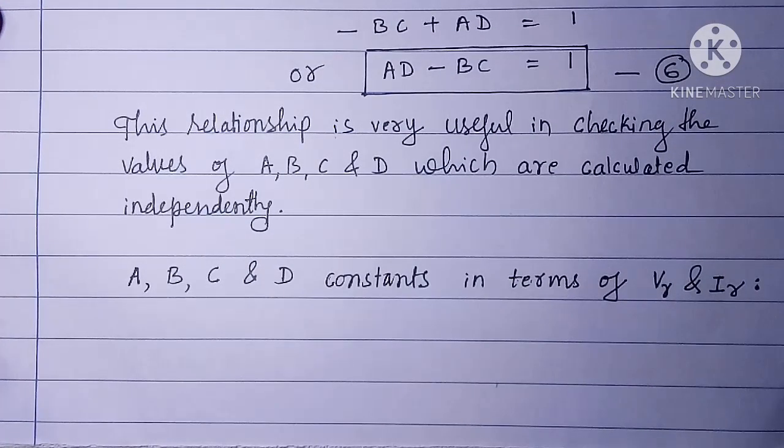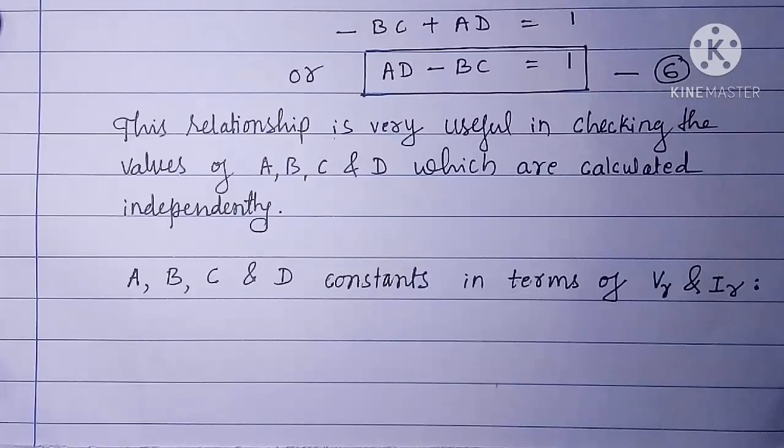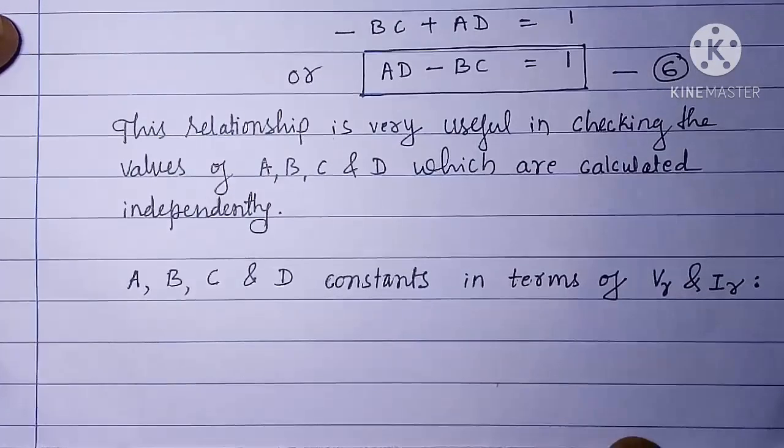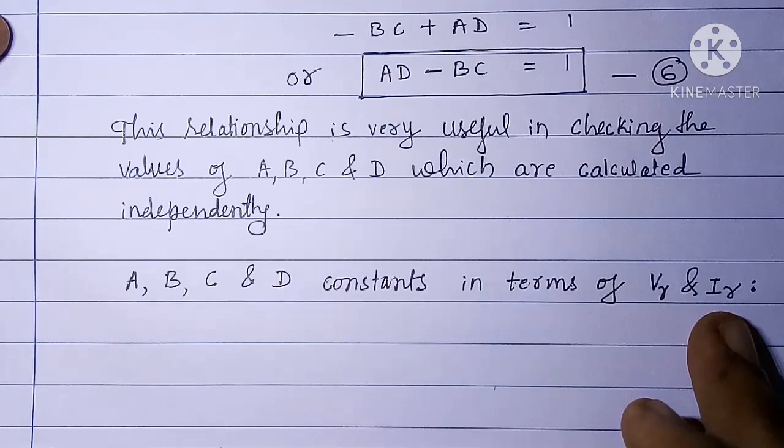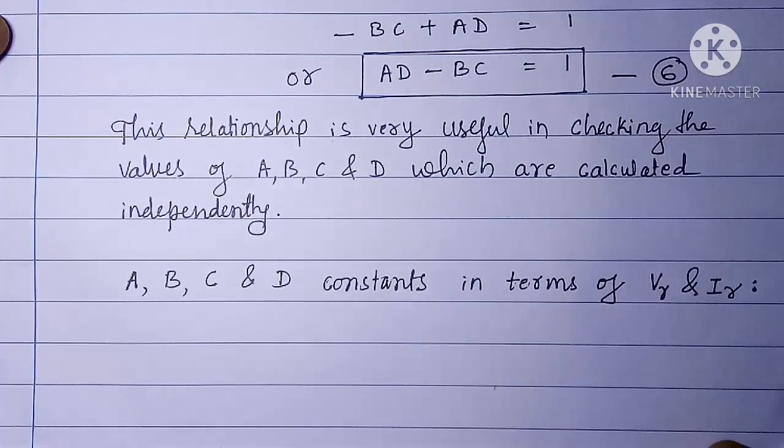Sometimes it may be necessary to represent the receiving end voltage and current in terms of sending end current and voltage with the help of ABCD parameters. Now we will see how we can relate VR and IR with Vs and Is using ABCD constants.